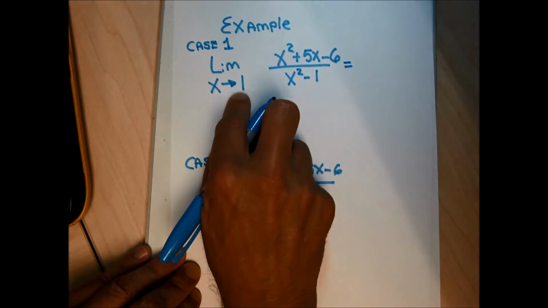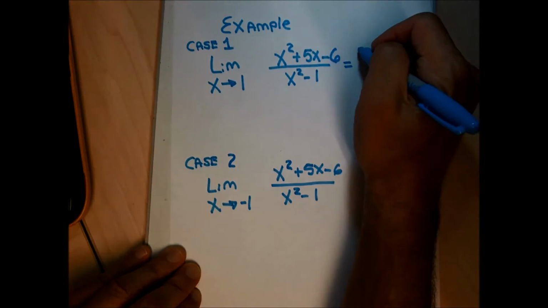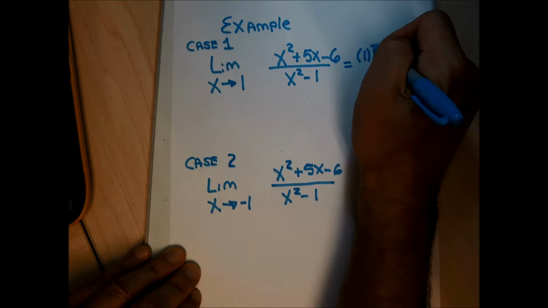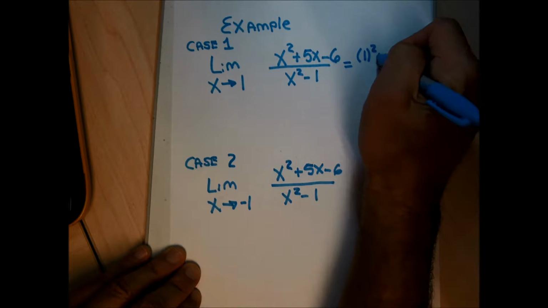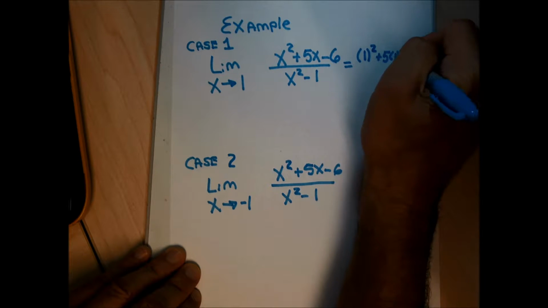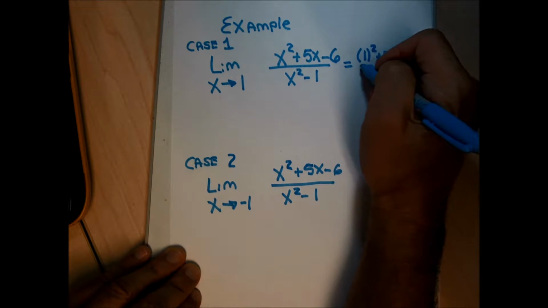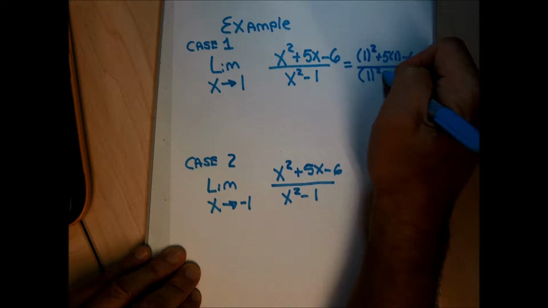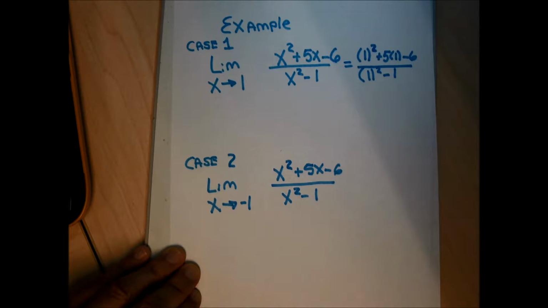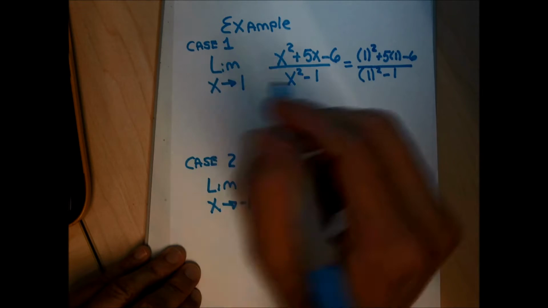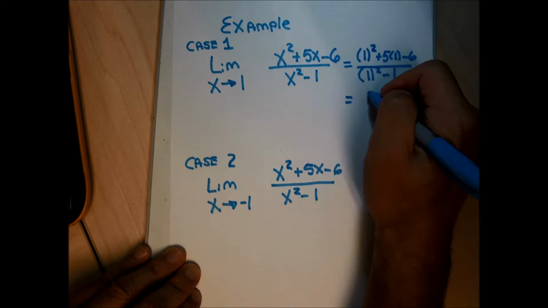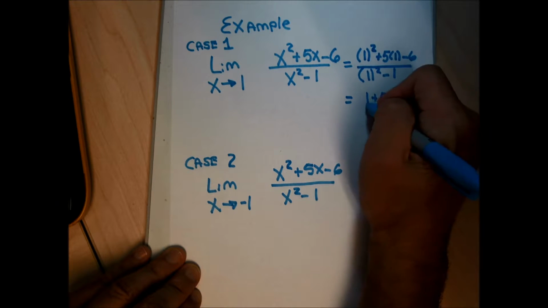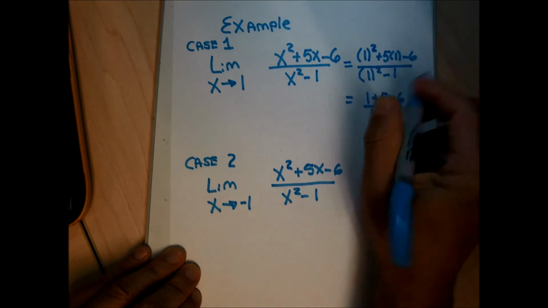So case 1, finding the limit as x approaches 1, so I'm going to go plug in 1 for x, which is going to be 1 squared plus 5 times 1 minus 6 over 1 squared minus 1. If I do the orders of operations, the numerator you get 1 plus 5 minus 6 over 1 minus 1.